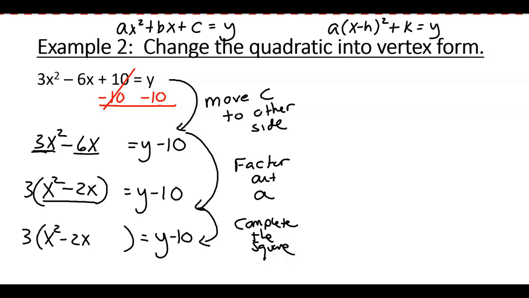And if I want to complete the square here, what number will I put there? Plus half of negative 2 is negative 1, squared is 1. So I completed the square. It's just what we did in the last set, right? Completed the square.